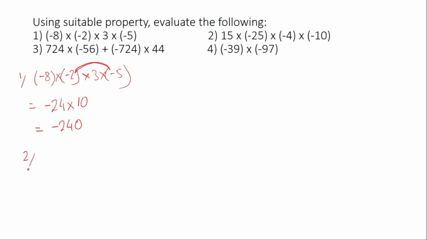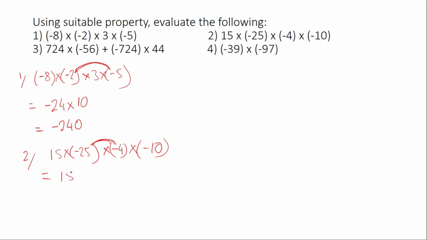Number 2, it is given 15 into minus 25 into minus 4 into minus 10. So what we will do, we will get them together. Okay, why? Because if we multiply 25 into 4 we will get 100.